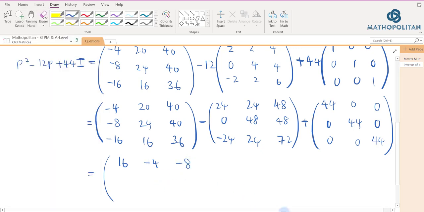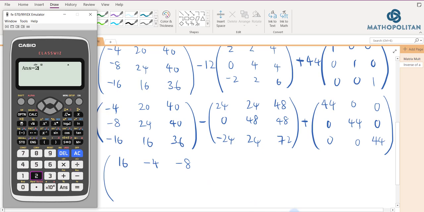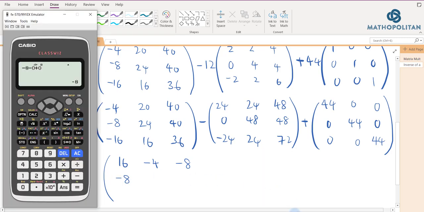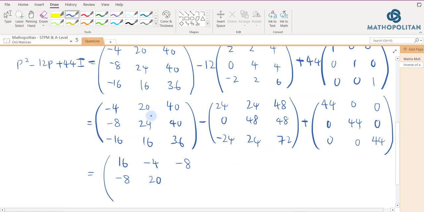And then we move on to the second row. We have negative 8 minus 0 plus 0, so that's negative 8. The next one is 24 minus 48 plus 44, so that's 20. And the third one is 40 minus 48 plus 0, that's negative 8.